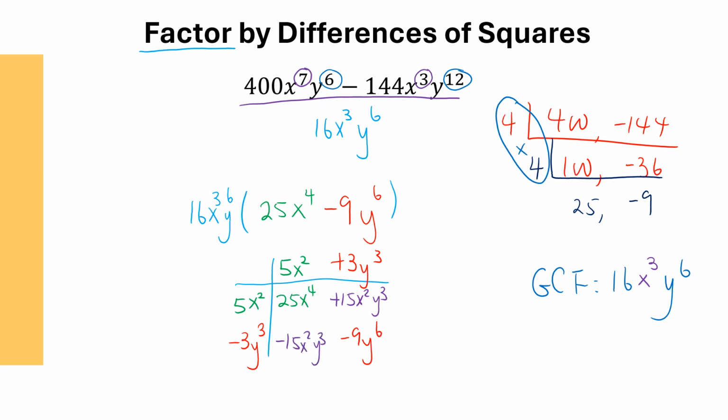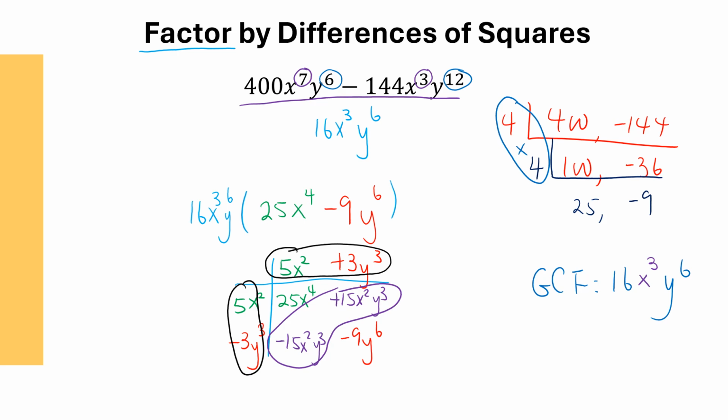And again, as in the original problem, you see there's no middle term because the middle term cancels out, it becomes a 0. So the factors for 25x to the fourth minus 9y to the sixth power are the numbers on top of the table, right here and right here.